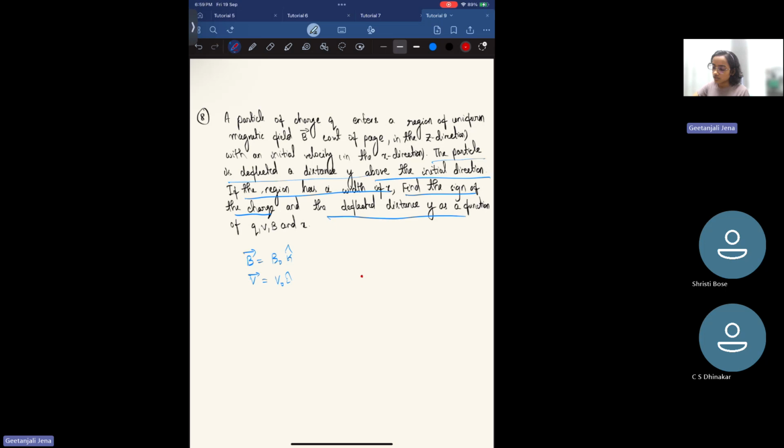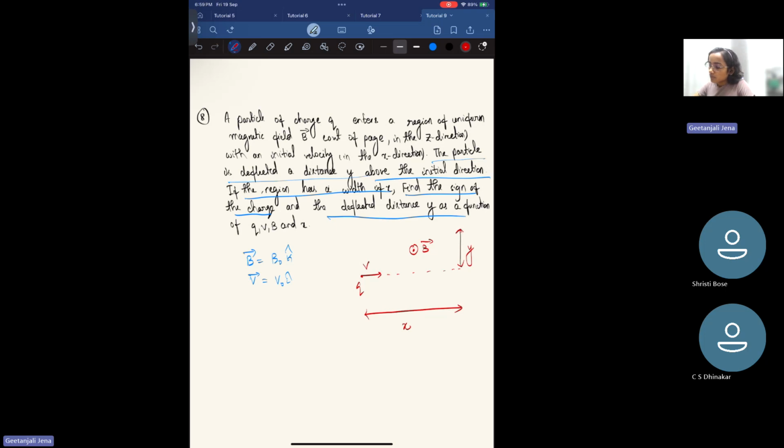So there is a charge q moving with initial velocity v, and there is an outward B, and the region where the B is present has width x. While traveling through this region, it is deflected by a distance y.